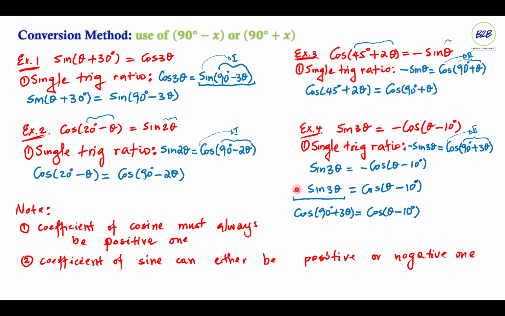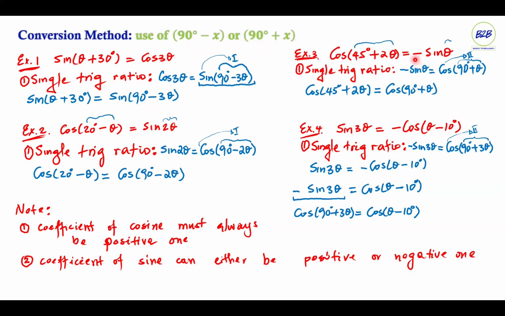So the difference here is that when the coefficient of sine is +1, we can either use 90 minus or 90 plus to convert that sine. When the coefficient of sine, not the coefficient of cos, no, no, no, the coefficient of sine here is +1, we can then either use 90 minus or 90 plus to convert that sine.